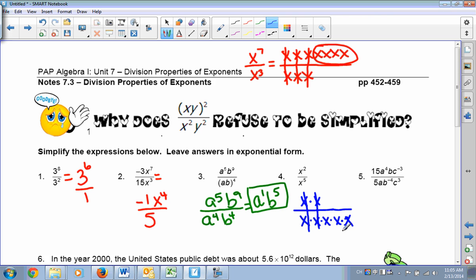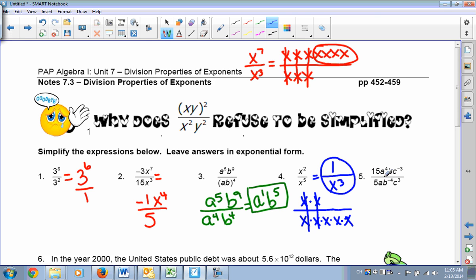They're in the denominator. So you can still do 5 minus 2 and say 3, but you have to remember that when you write your answer, it's in the denominator. How I remember is that there are more x's in the denominator than in the numerator, so you keep your x's down low. Does that make sense? Any questions on that? All right.